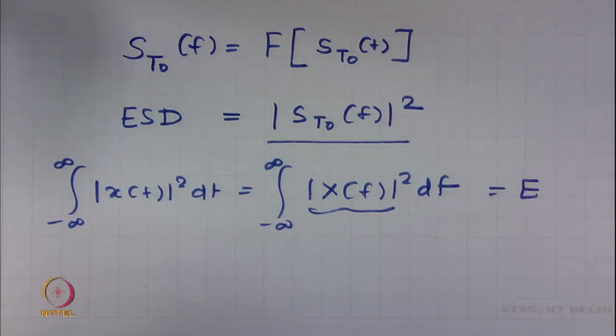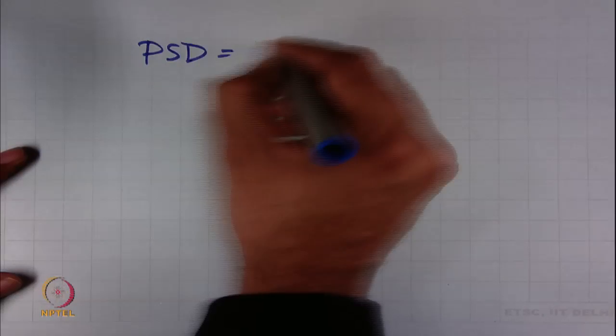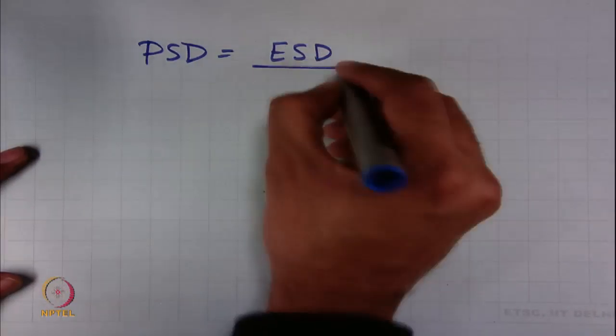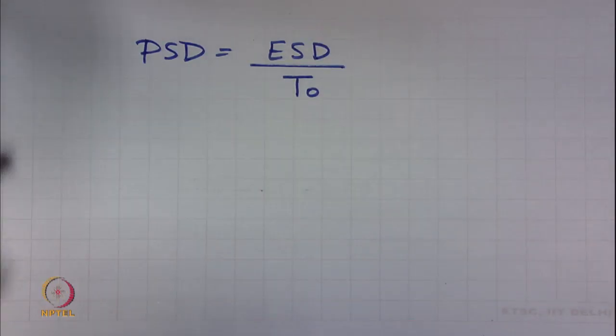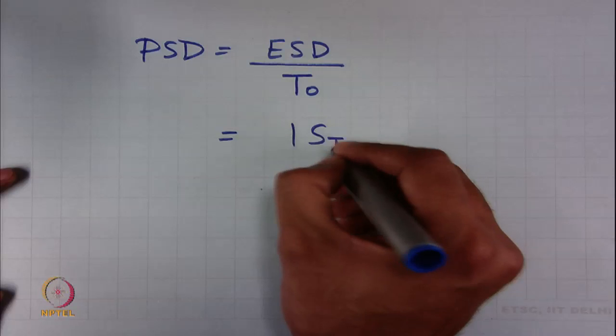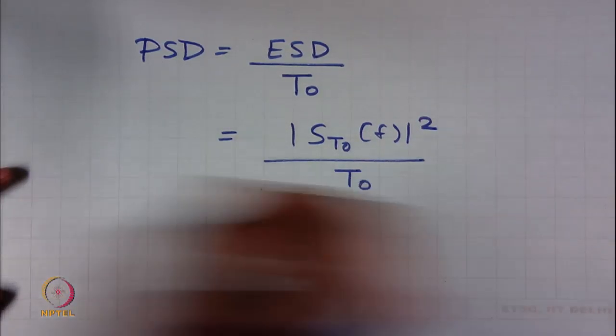What would be its power spectral density? Power spectral density is nothing but the energy spectral density divided by the time duration, and the time duration of the signal is T naught. So, power spectral density is the magnitude squared of S T naught of f divided by T naught.